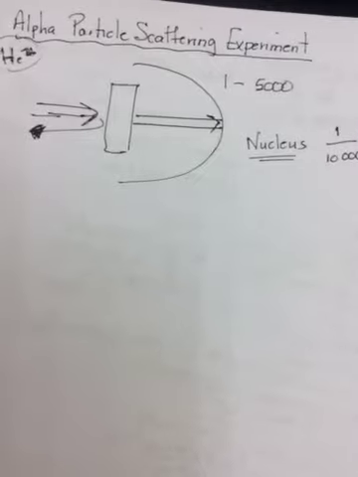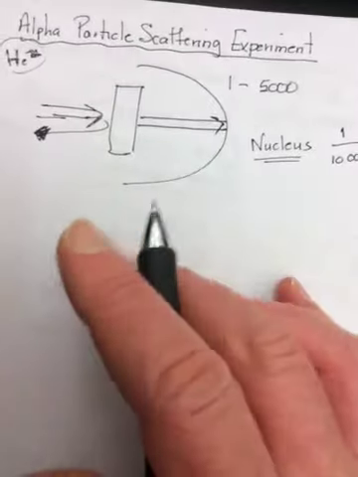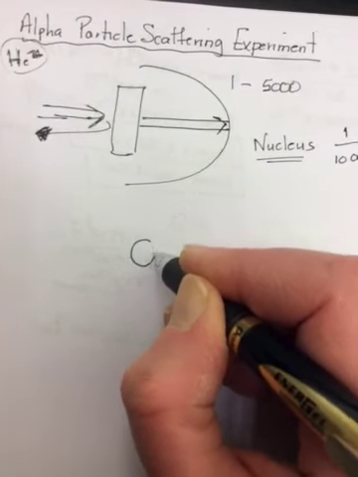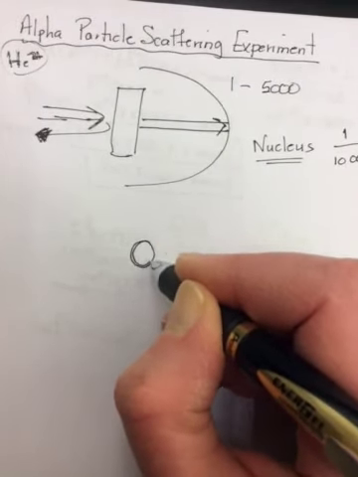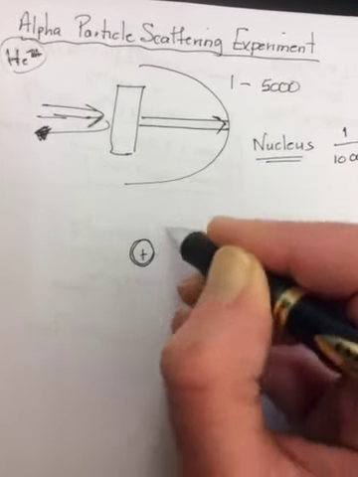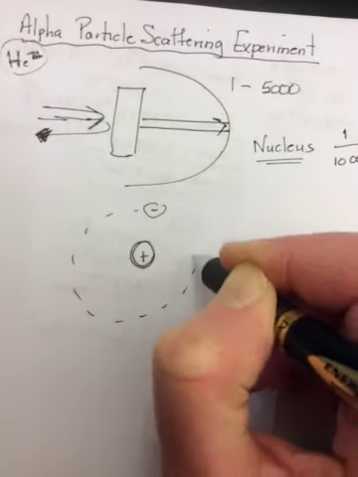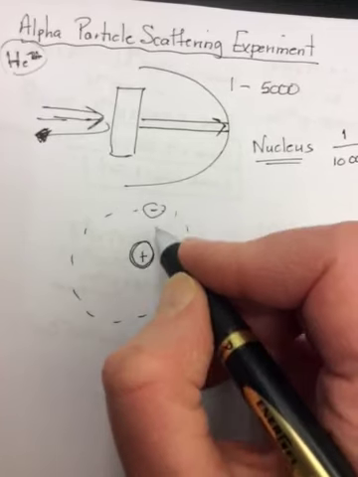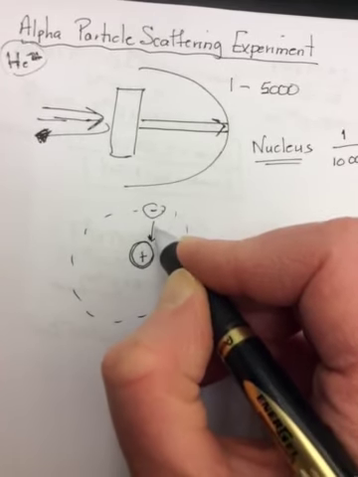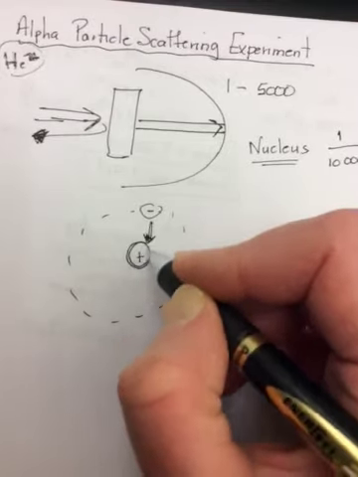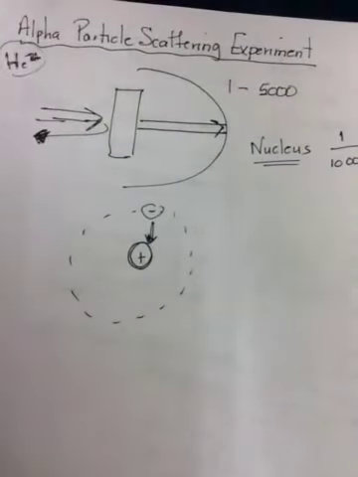Okay, so then his model of the atom, he envisions this nucleus with all the positive charge and most of the mass, okay? And then he thinks, well, the electrons must be orbiting around the nucleus, being held there by the Coulomb force of attraction, the electrostatic force between positive and negative charges.